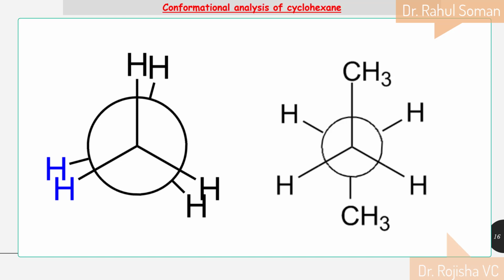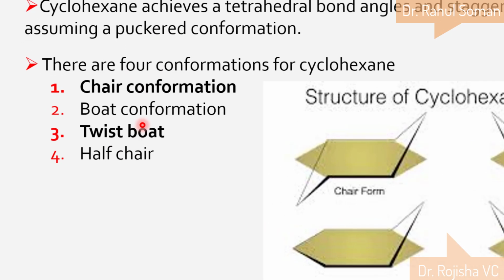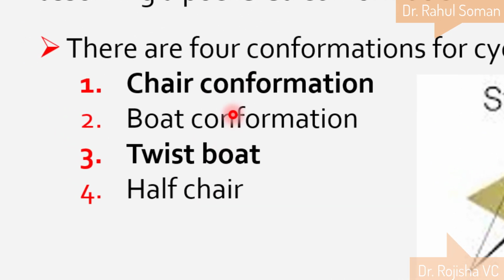Cyclohexane can exist in four different conformations: chair conformation, boat conformation, twist boat, and half chair conformation. Among these four, chair and twist boat are energetically favorable.